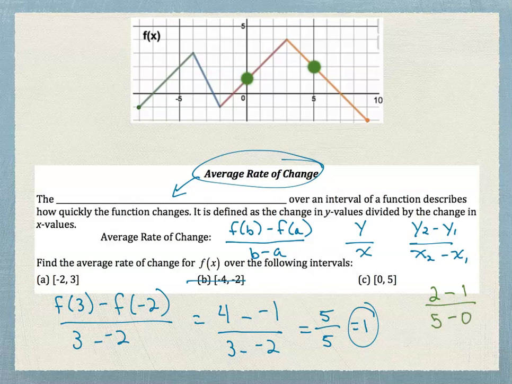So I get 2 minus 1, which is 1, and 5 minus 0 is 5. So the average rate of change for part C is 1/5. So if I said what is changing faster, A or C, you would say A is changing faster because 1 is bigger than 1/5.